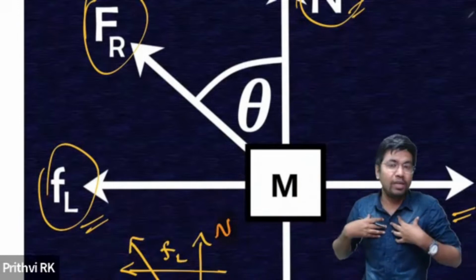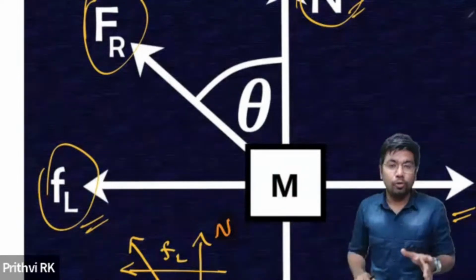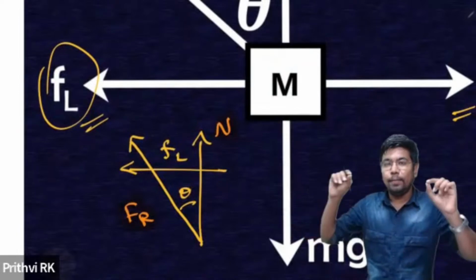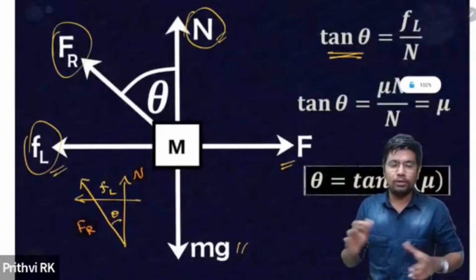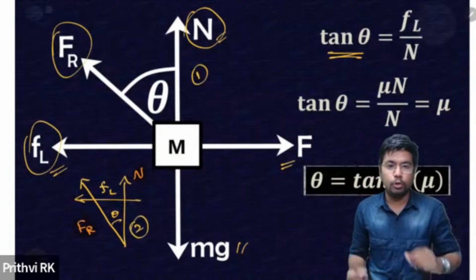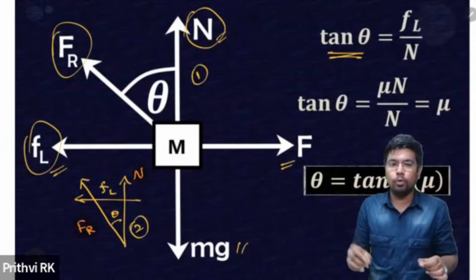For me, where I am standing, it is towards my left. In this diagram also it is towards the left. So technically, both the magnitude and direction are the same in diagram 1 and the smaller diagram 2.